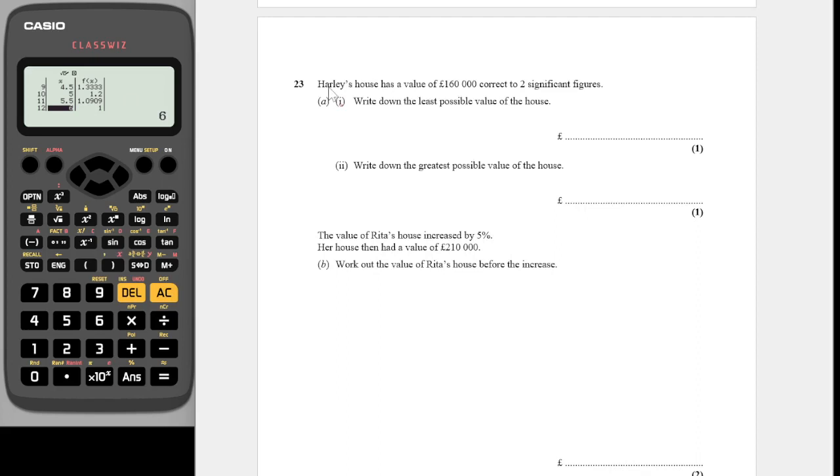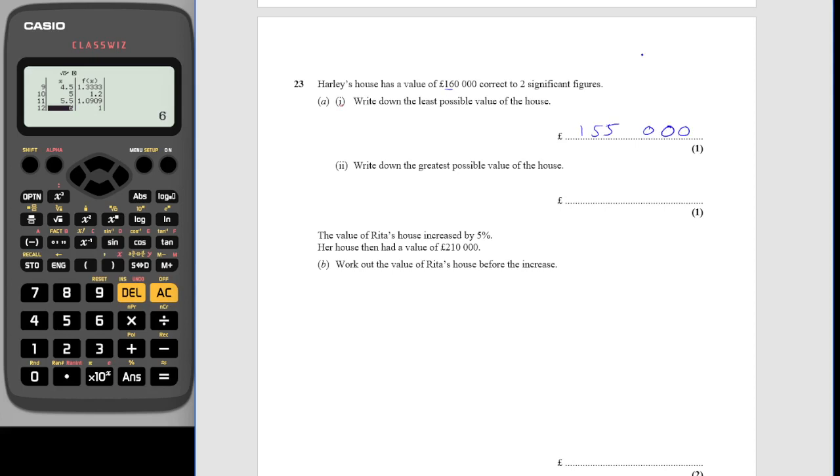Okay, question 23. Harley's house has a value of £160,000, correct to two significant figures. Write down the least possible value of that house. If it's two significant figures, it's been rounded to 160,000 instead of 150,000. So the smallest value that we would do for that is 155,000.